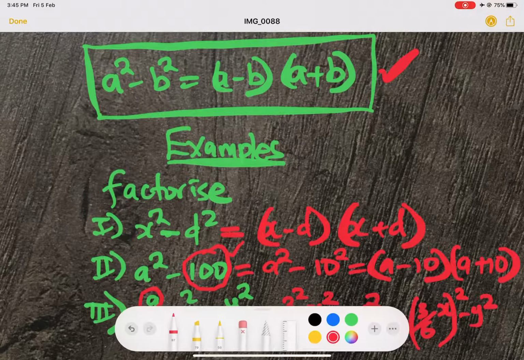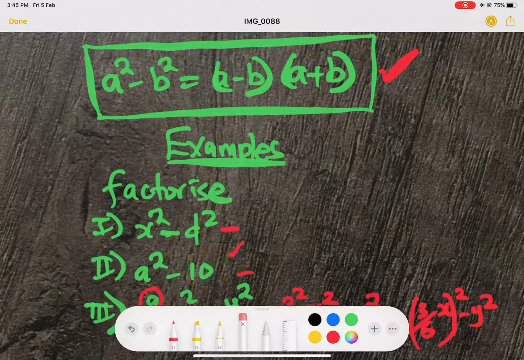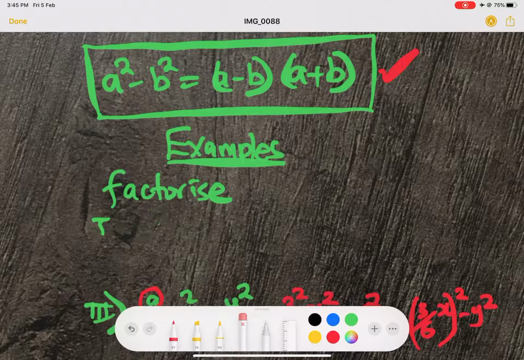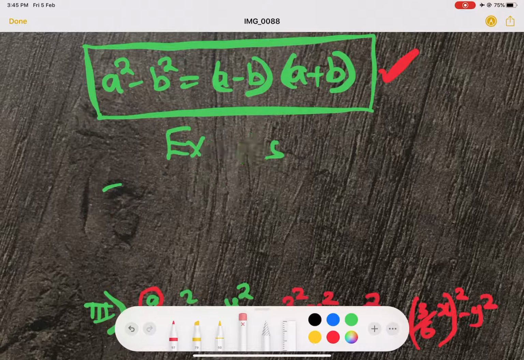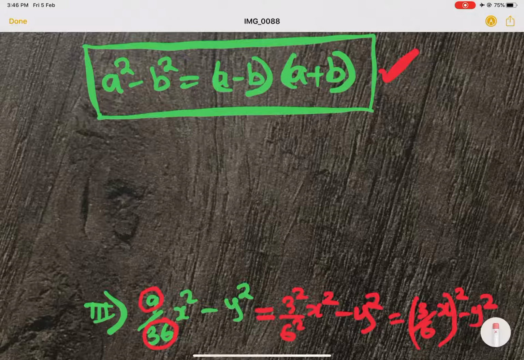Okay, so we have 3 over 6 x in brackets, then squared, minus y squared.